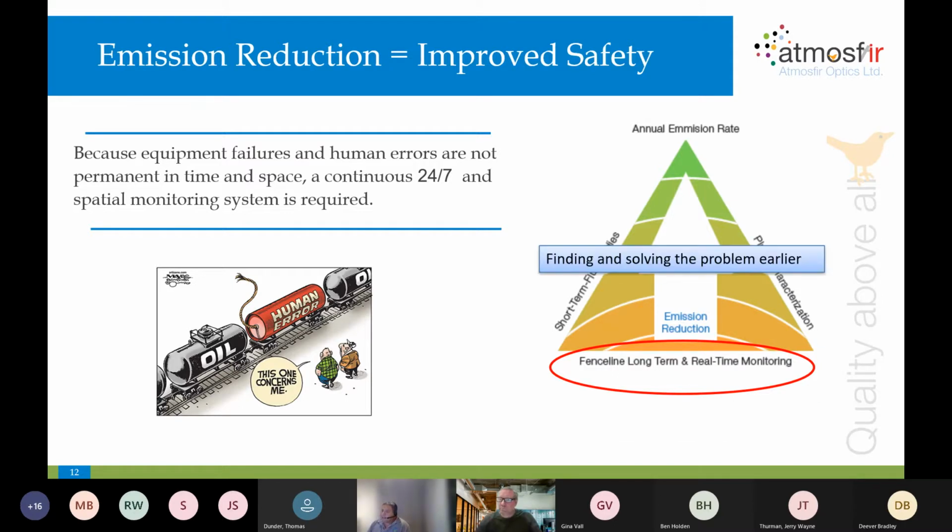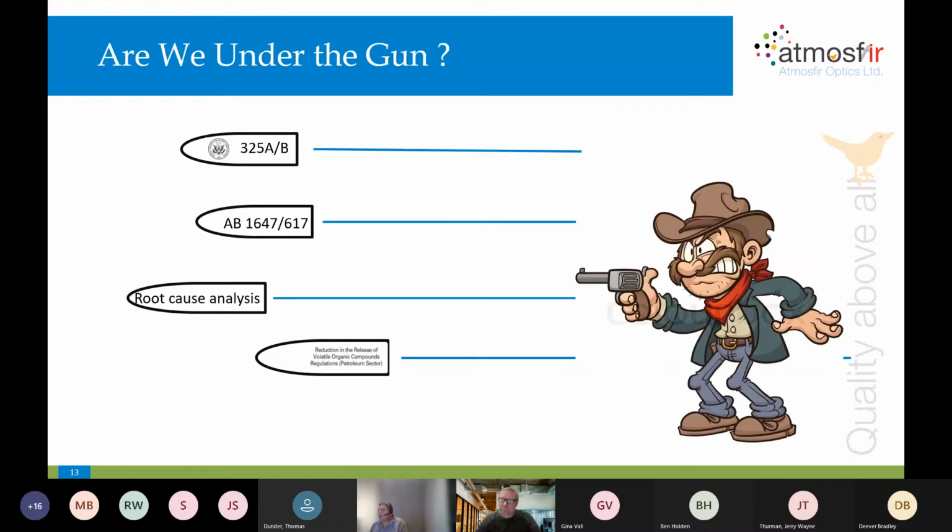And it's very easy to understand. If I find the problem, I solve the problem faster, then I reduce my emission. And that understanding went into the regulator, also in Israel, in Canada, in the Arab countries, and also in United States.